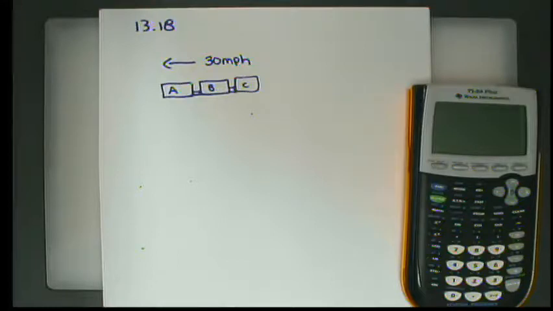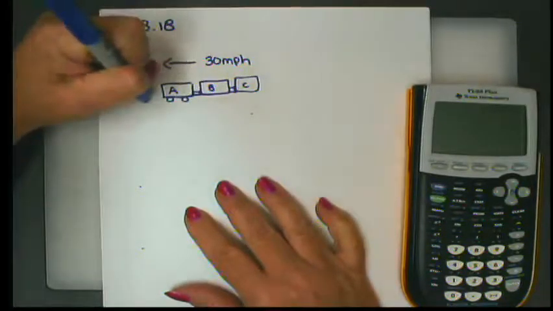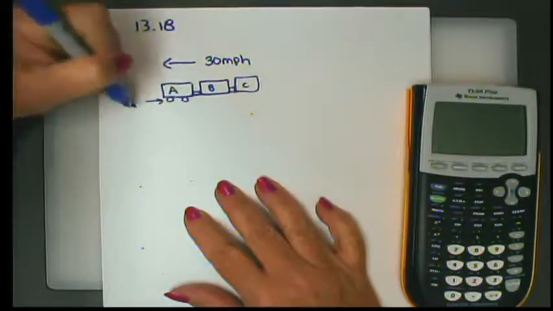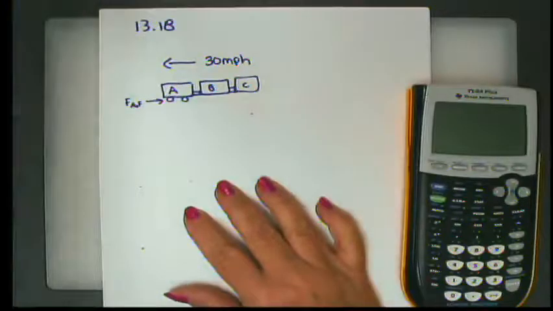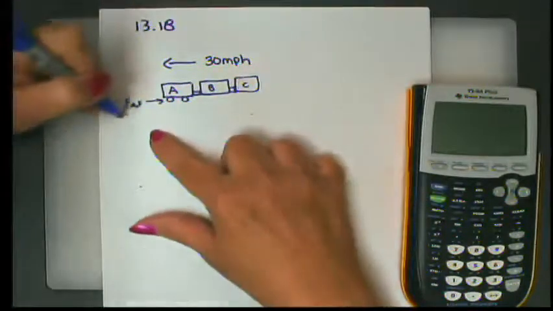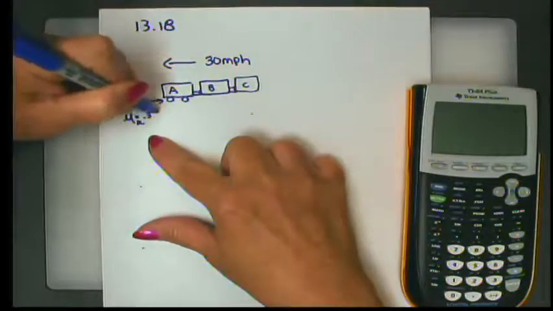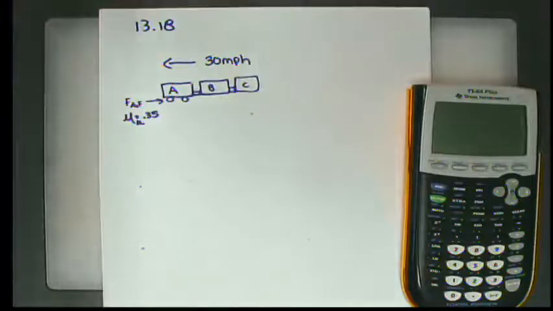And we're told that the coefficient of kinetic friction is 0.35, and that we are just applying that to the brakes on car A. The force on A of friction. Okay. And the kinetic coefficient is 0.35. All right, so here's sort of our facts.